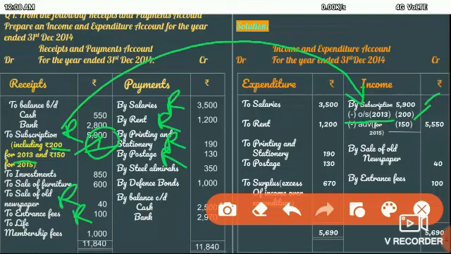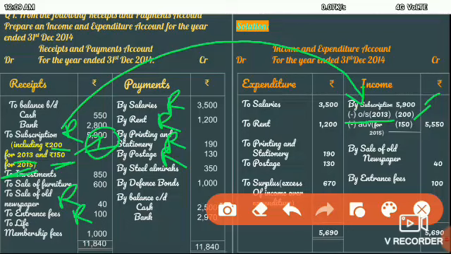Okay, then next, the further information which is given to us is rupees 150 is for 2015. So this is an advance which is received in the current year, that is in the year ended 31st December 2014. 150 rupees is received from the members as an advance for the next year, that is for the year 2015.